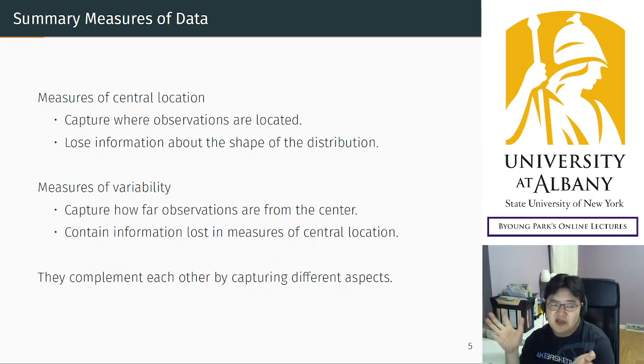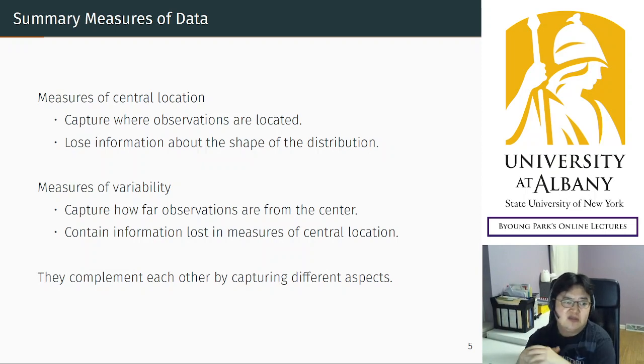It's a nice summary. It's really simple and easy to understand and easy to calculate. However, it loses a lot of information because it only tells you where it is, but it does not tell anything more about its shape. It's located here, but how does it look like? Like something like that.